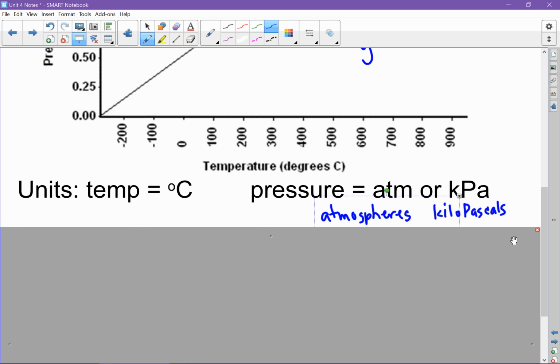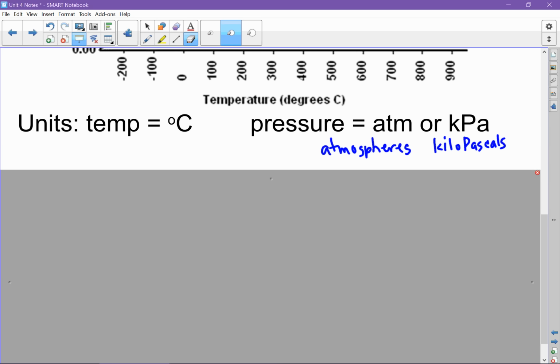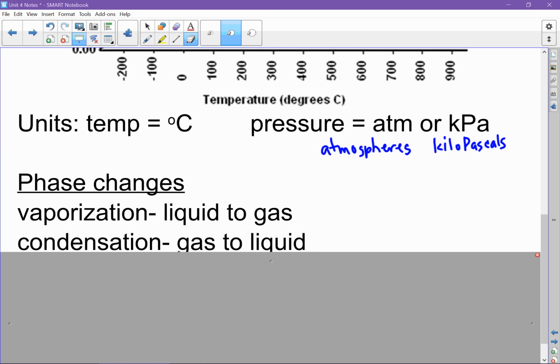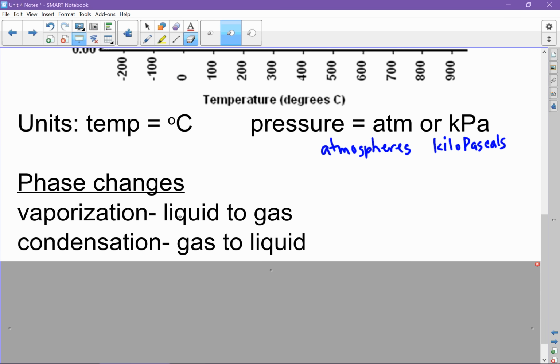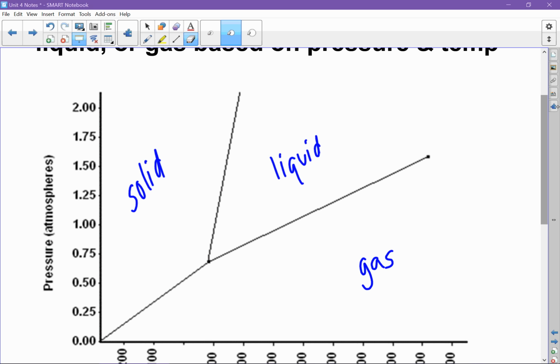The other thing that we know about these substances is when a solid turns into a liquid, that's called a phase change. I'm going to review the phase changes on this diagram. First, we have this pair. You've got vaporization when a liquid turns to a gas, and the opposite of that is condensation when a gas turns to a liquid. That will happen on the graph up above between the gas and liquid sections.